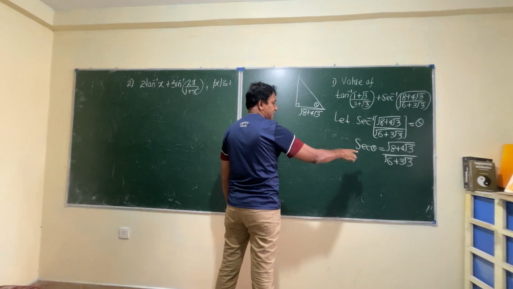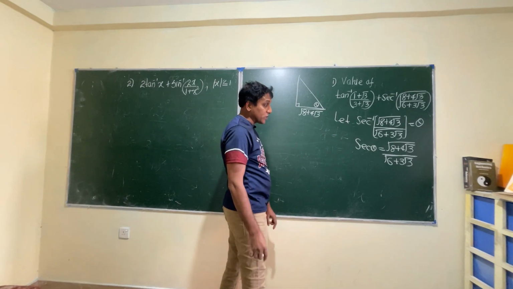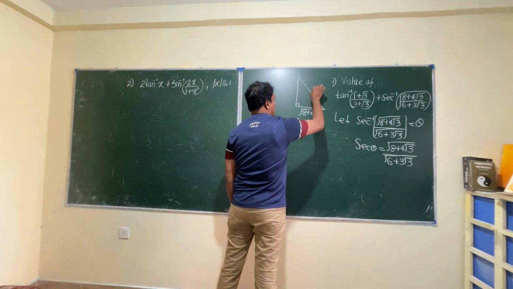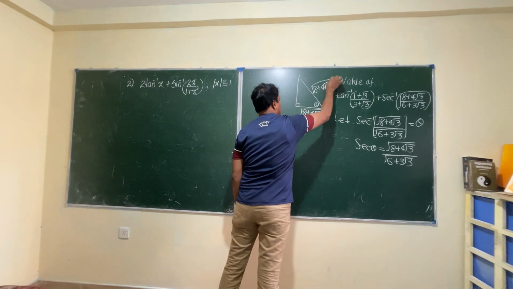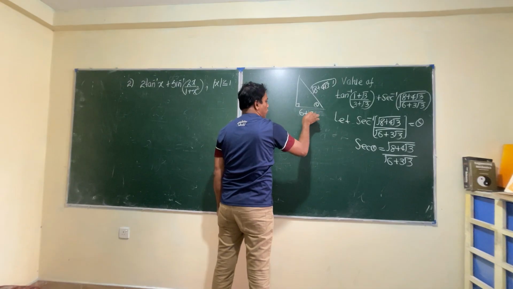Cos theta, sec theta. Sec theta is that. What is cos theta? Reciprocal. So the 8 plus goes here, 8 plus 4 root 3, it's a square root. And this is 6 plus 3 root 3.